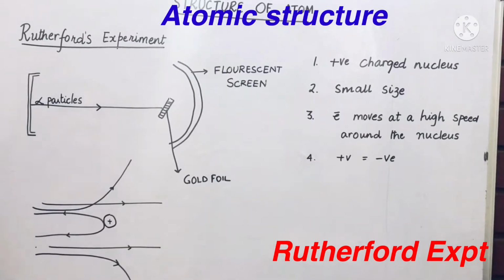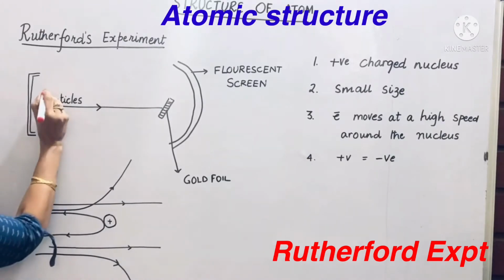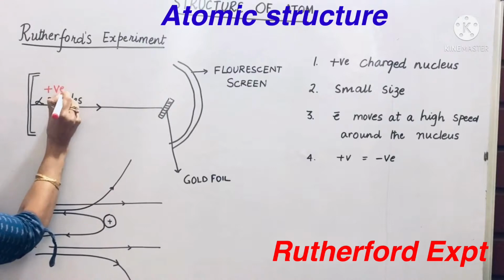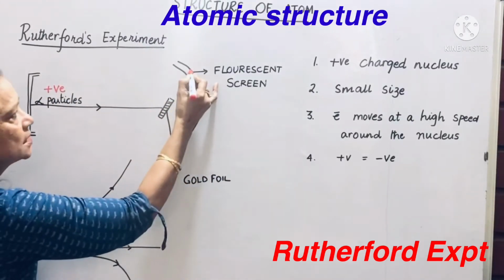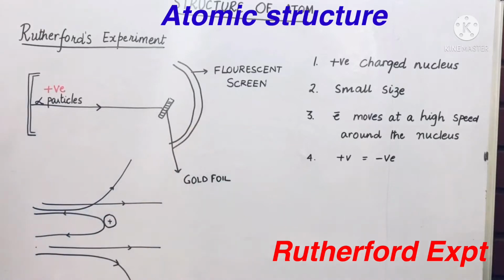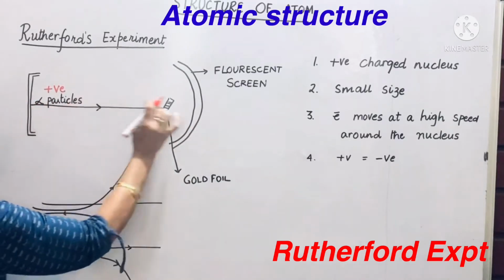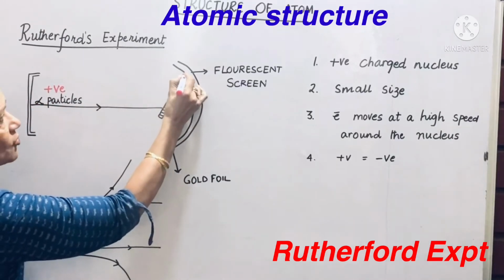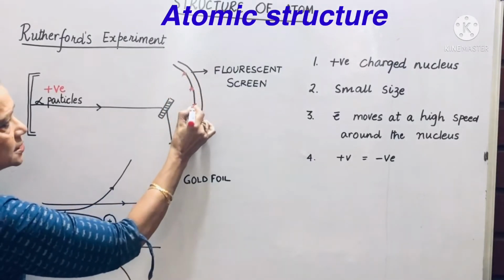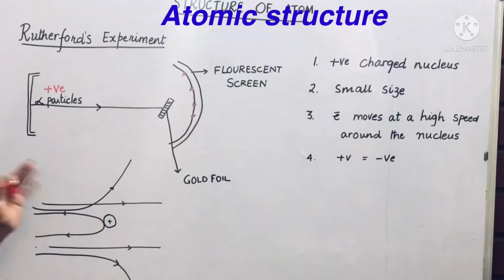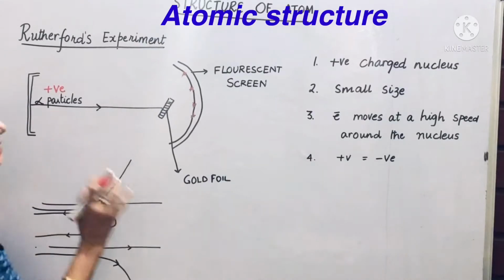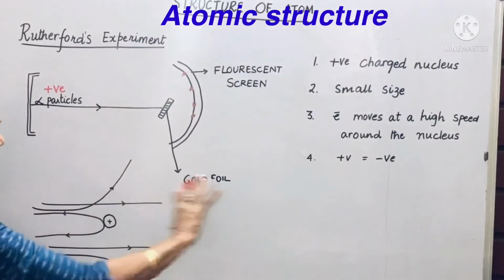The experiment was that he bombarded alpha particles, which were positively charged, onto a gold foil, and there was a fluorescent screen outside. Whenever a particle touched this screen, there was a flash on the screen. While looking at these flashes, what he saw was that many of the particles went straight through.